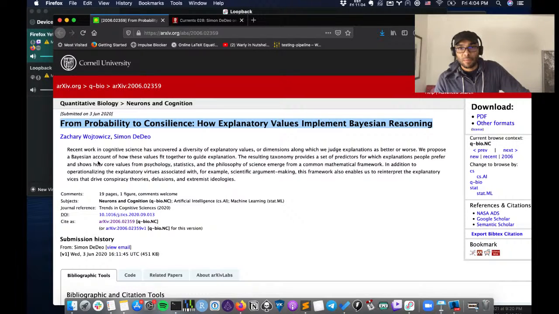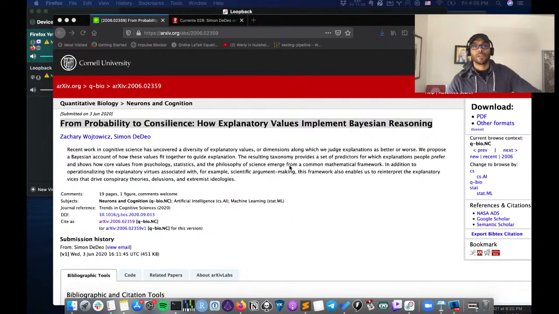The resulting taxonomy provides a set of predictors for which explanations people prefer, and shows how core values from psychology, stats, and philosophy of science emerge from a common mathematical framework. All right, that sounds a little bit too good to be true.